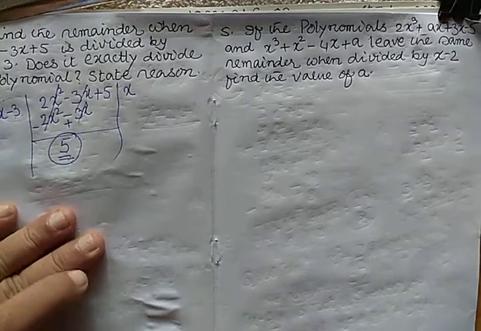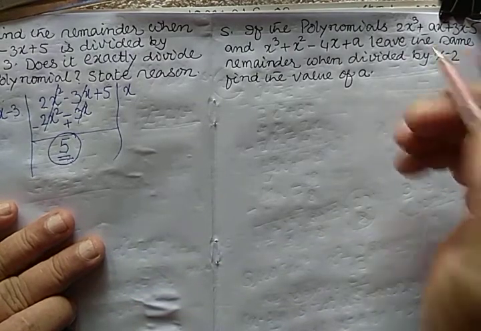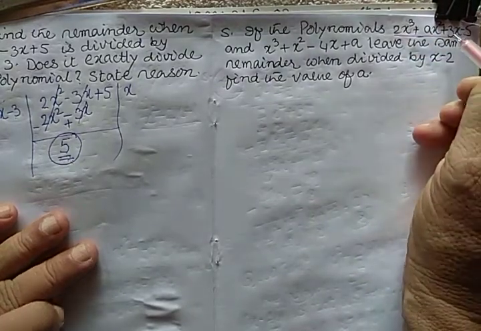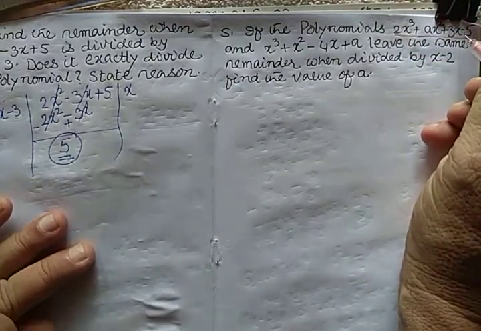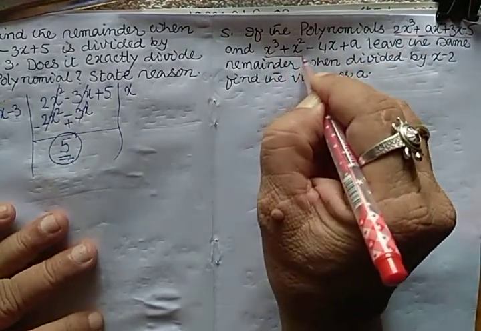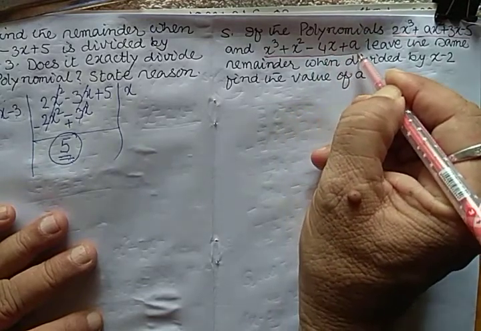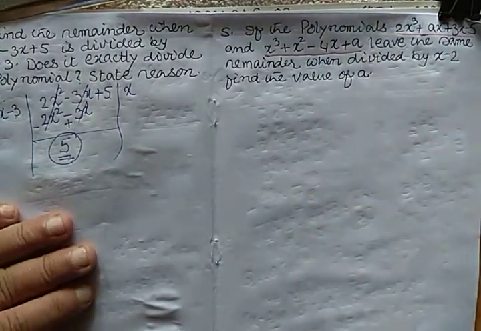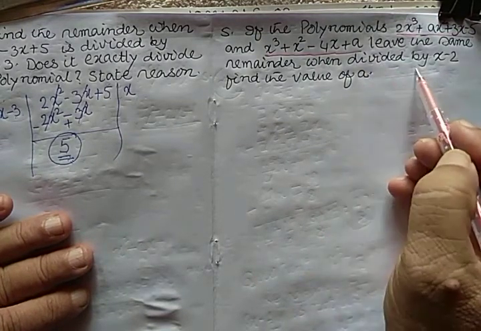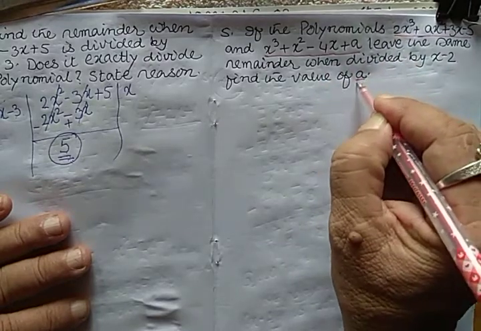Here is your next sum. If polynomials 2x cube plus ax square plus 3x minus 5 and x cube plus x square minus 4x plus a leave the same remainder when divided by x minus 2, find the value of a.